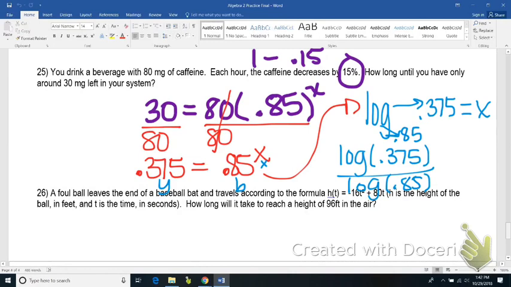And what are you guys getting as your answer? 6.04 hours. Okay, so if you guys said it was 6.04, I think I left mine with those 2 digits as well, and we're talking about hours. So it would take about 6 hours for it to go down to 30.